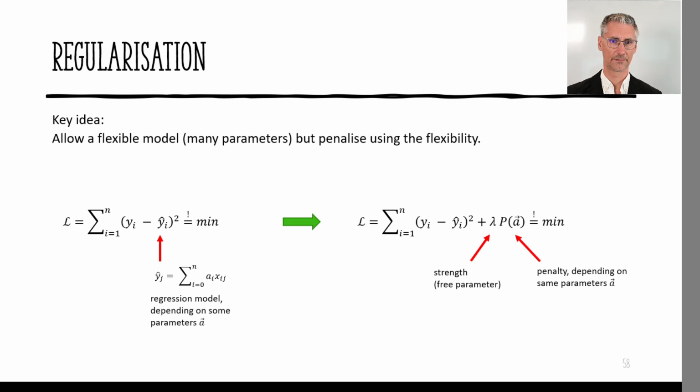So what can we do? The key idea here is regularization. We allow a flexible model with many parameters, but penalize using this flexibility. So instead of just minimizing the error between the training data y and the regression model prediction, we add a penalty term with a given strength lambda. That's a free parameter that we need to tune, and some sort of penalty that depends on the parameters.